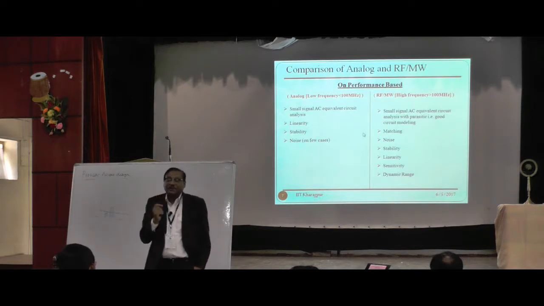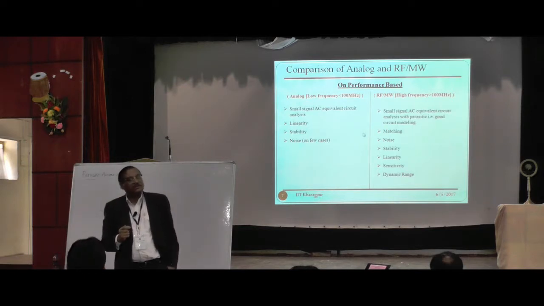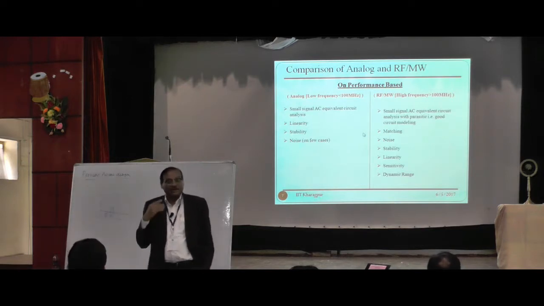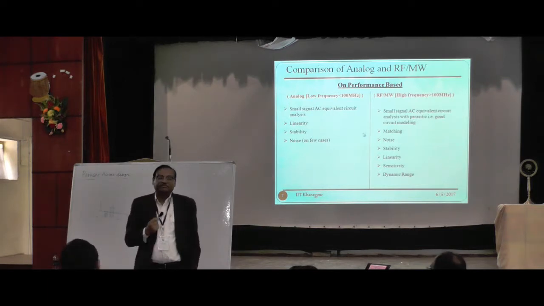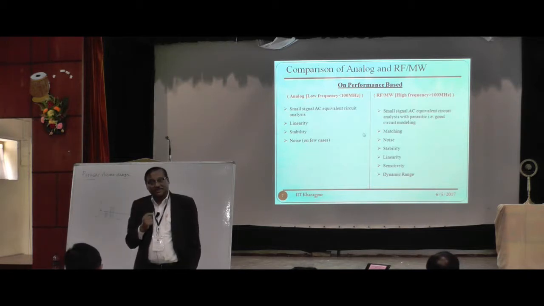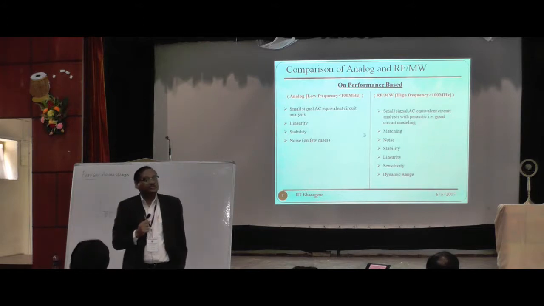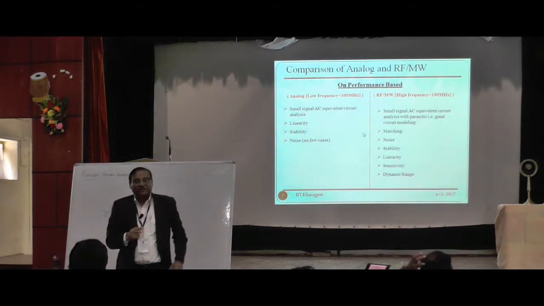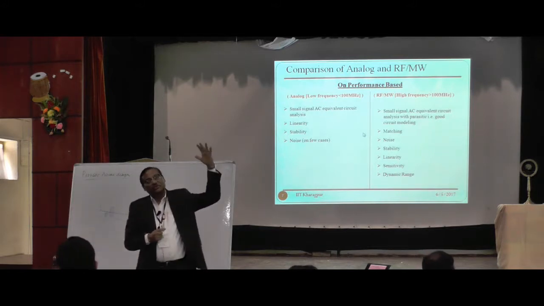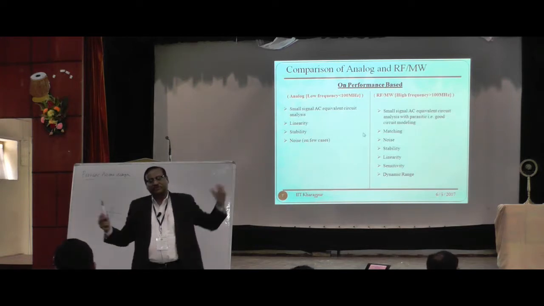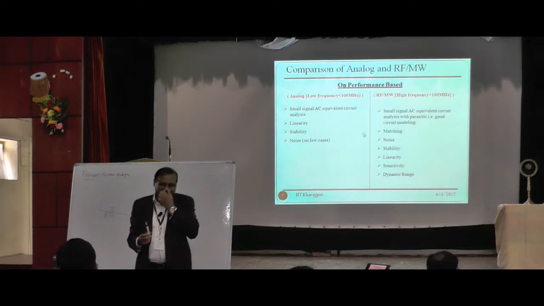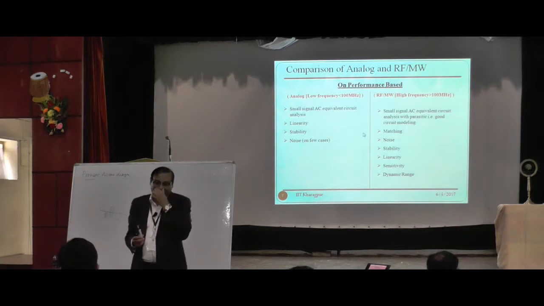Now the matching network also serves another task in RF. Can you tell me what is that task apart from the matching? It also acts as the frequency tuning circuit, because so many frequencies are coming. In wireless communication, you have so many frequencies, even in a particular band, so many channels.